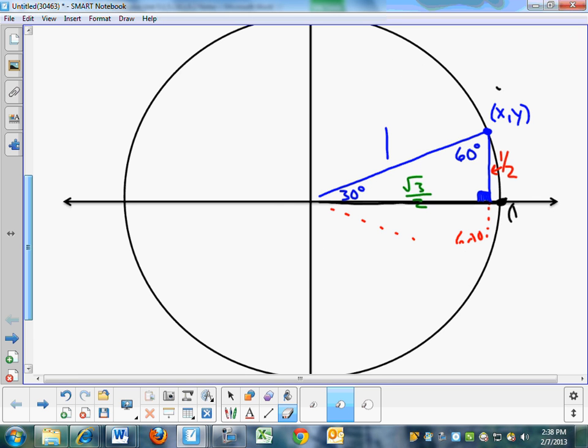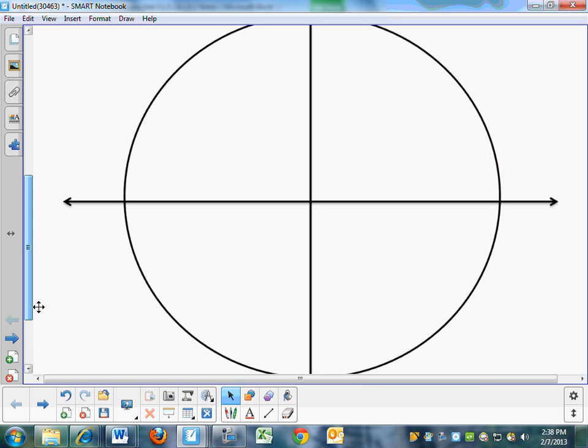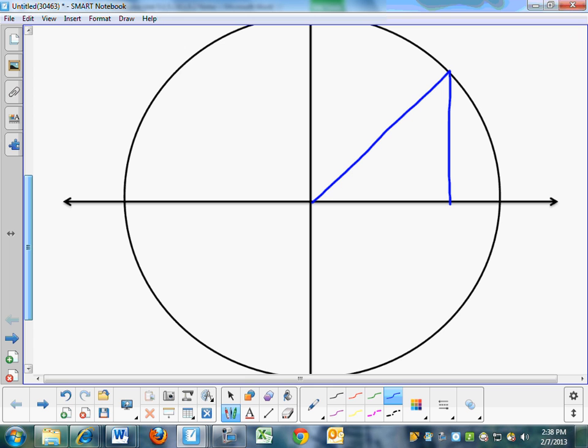Always. Okay. 45, 45, 90. I would try to sketch this in somewhere right on it as well. You don't have to fill out any notes if you don't want to. I would.